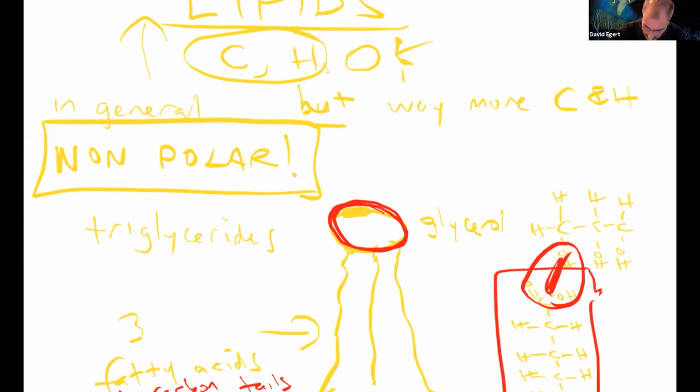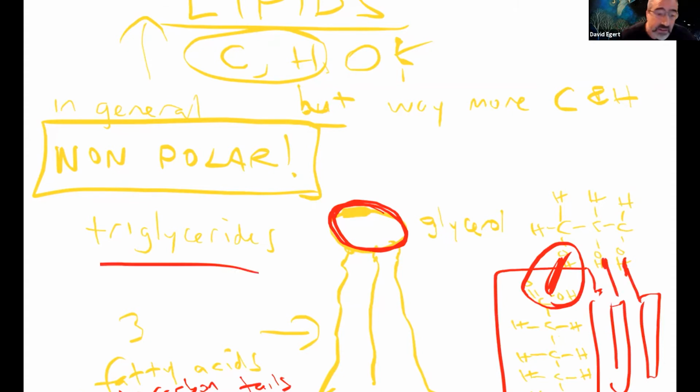This is the fatty acid, and there's 3 of them hanging off here. So, triglyceride. Depending on the fatty acids, these triglycerides can have different properties. So let's talk about different kinds of fatty acids, saturated versus unsaturated fatty acids.